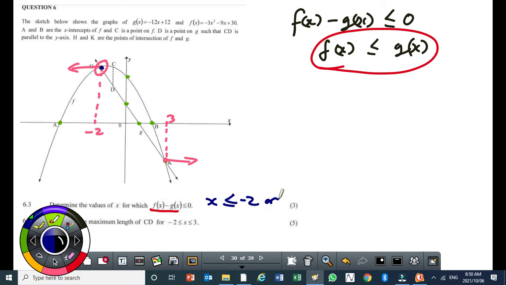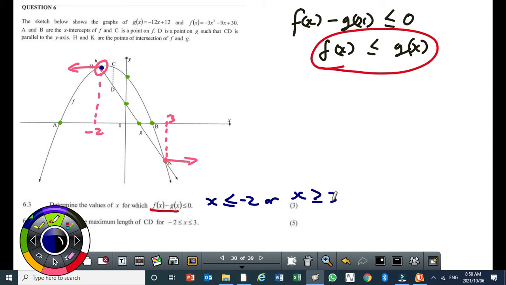The second one is from this point going to the right, but x is 3 there. So x is greater than or equal to 3. Are you following? I'm not guessing the answer, and it's not very difficult.